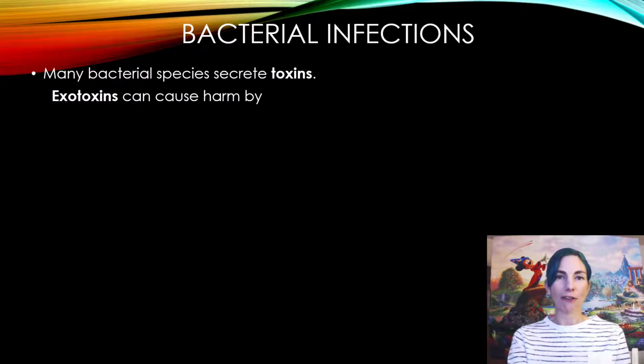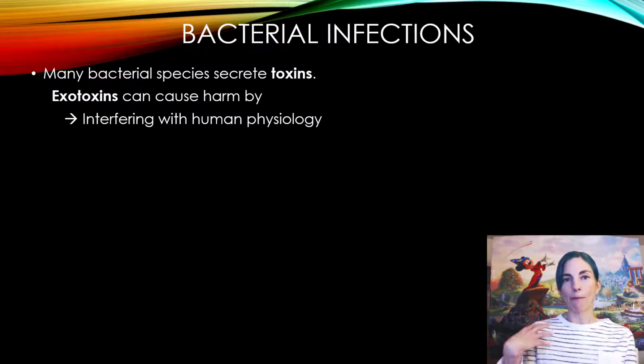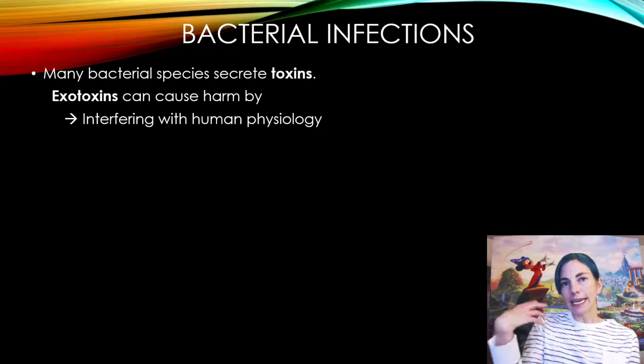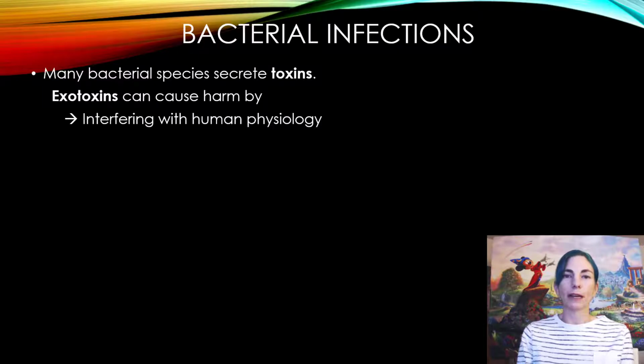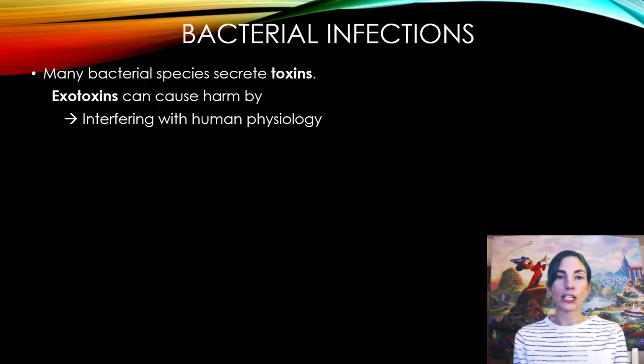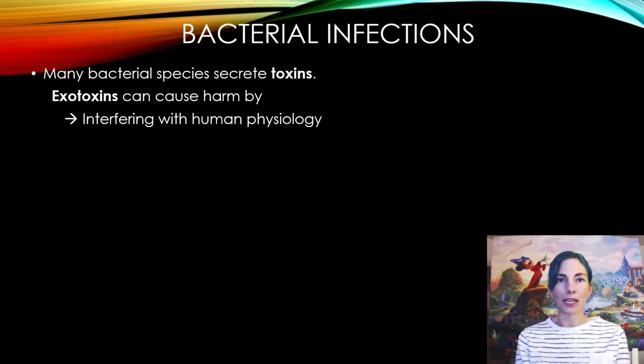So the three general categories that I see for exotoxins are going to be interfering with some form of our human physiology. So for instance, if we have a skeletal muscle that we need to contract, and we have botulinum toxin, which is going to be a toxin secreted by a certain species of Clostridia that causes botulism, then we know that our muscles become flaccid and they're unable to contract.